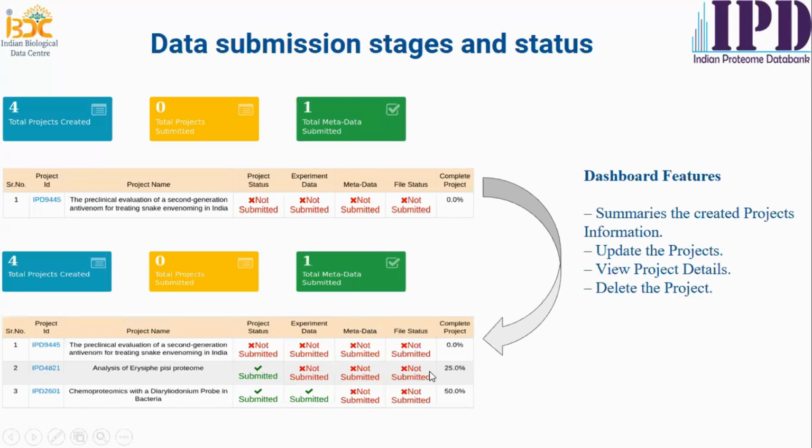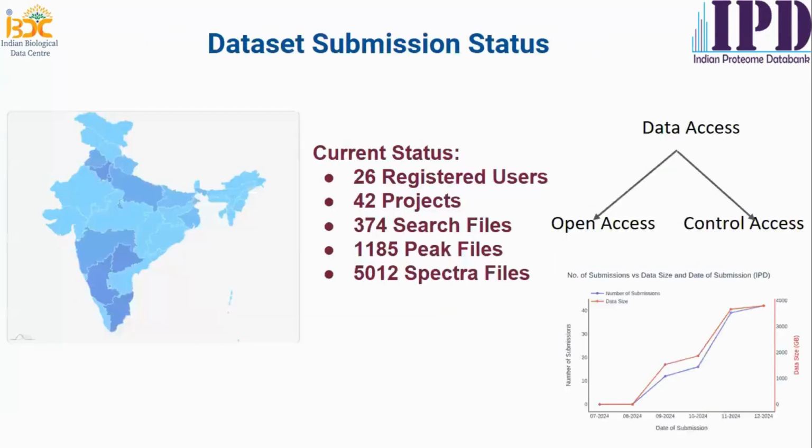Then you can click over this highlighted blue color entry to get the status and the information that you have already filled within the project. And if you find any project which is not relevant to the submission, but you have created it, then you can use the delete button to delete the project. So this is the information a user can get in the user dashboard.